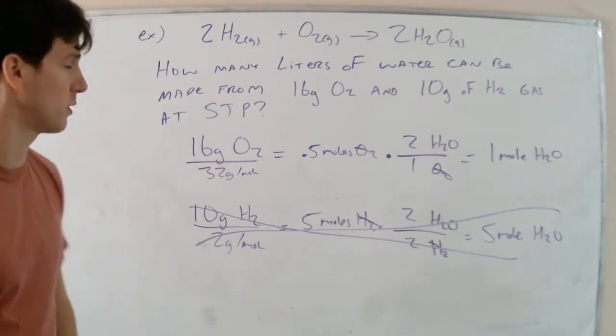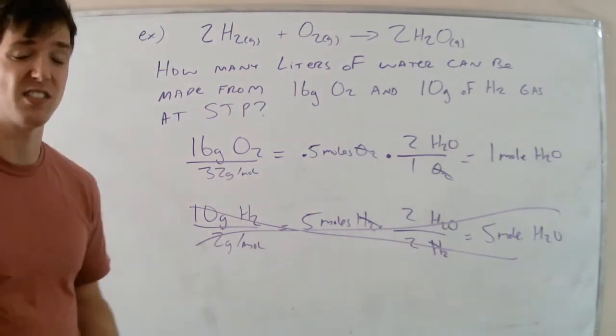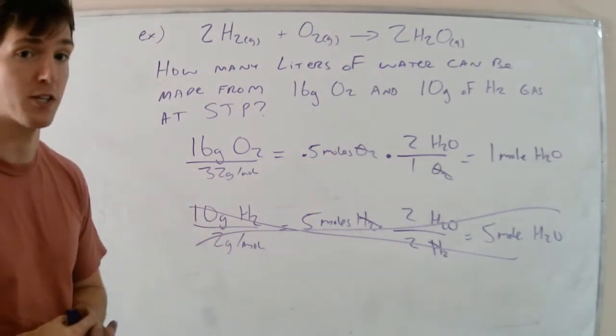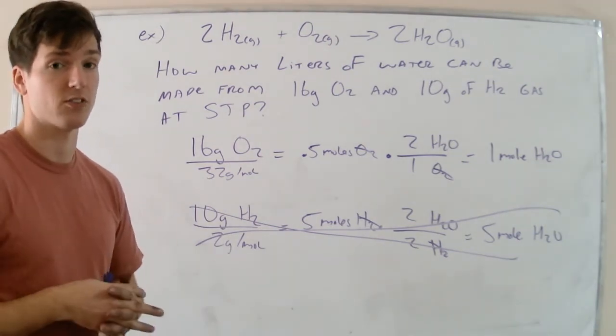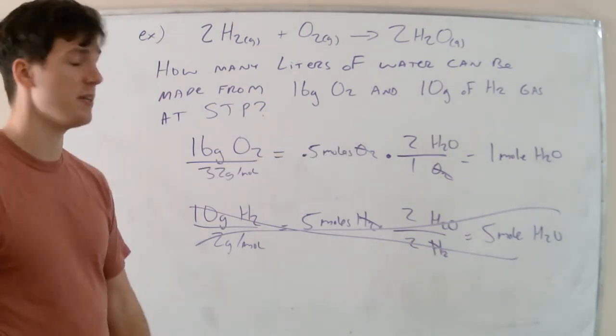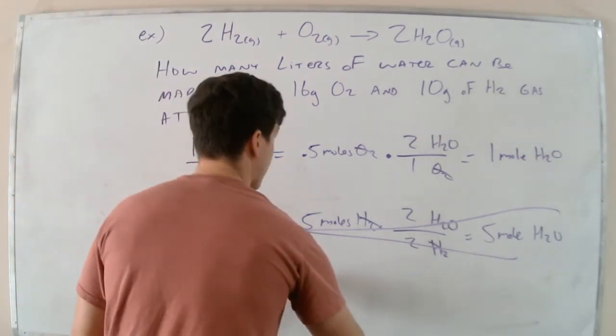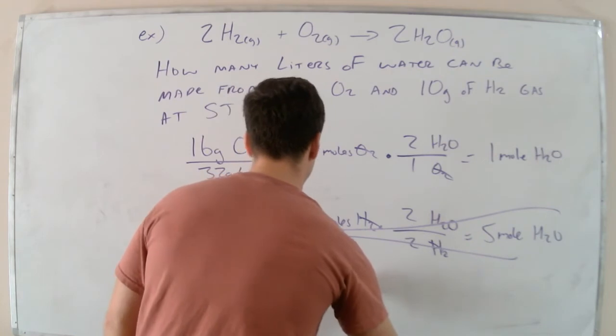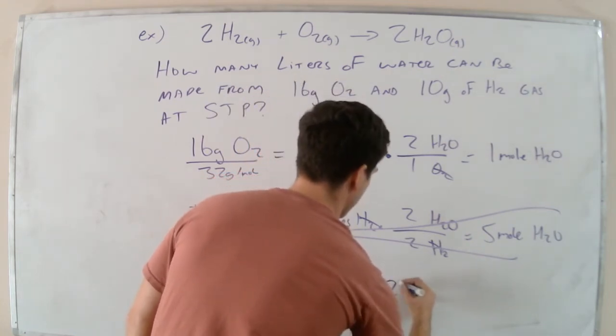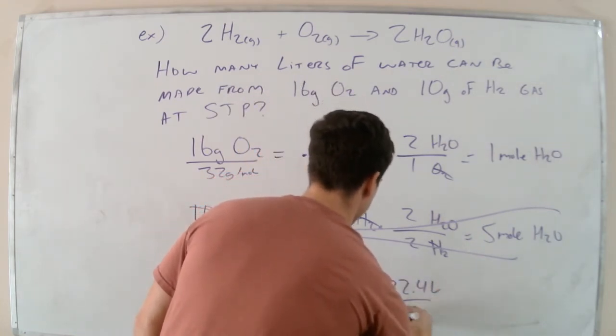So now we have 1 mole of H2O. If this wasn't at STP, they would probably give us enough information to plug it into the ideal gas law. But here, since it's at STP, it's simple. We want to get to liters. We just take that 1 mole of H2O and we multiply it by 22.4.